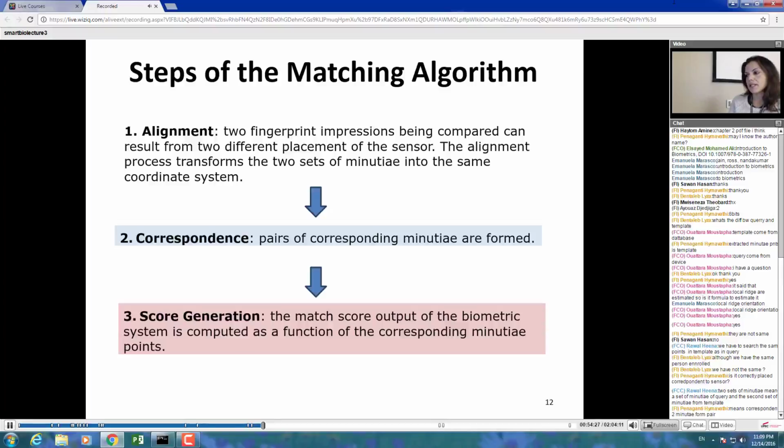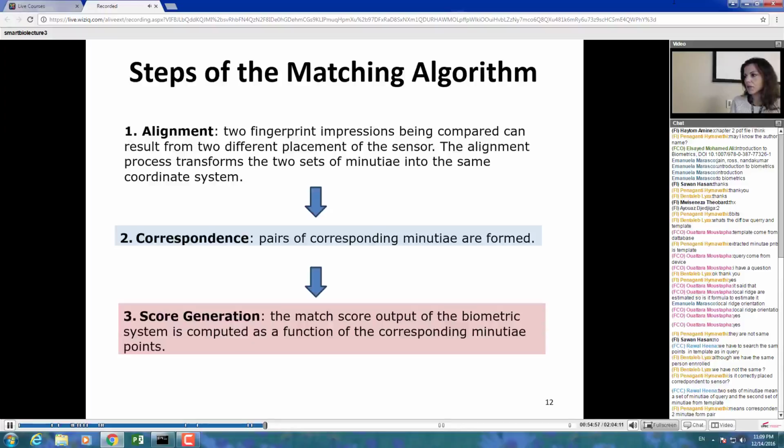We always have during matching the fingerprint of registration and then the template: the set of minutia extracted during enrollment, stored in the database, and the set of minutia extracted from the fingerprint submitted at the moment of application. And then another question, about corresponding minutia from pairs.